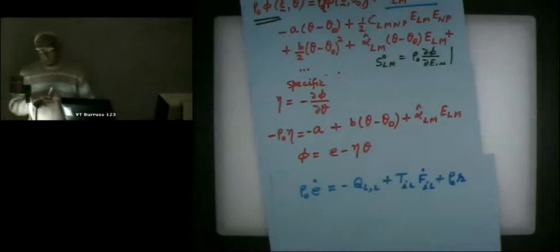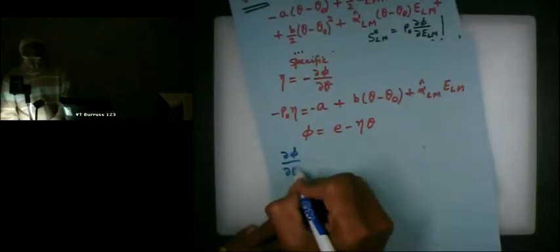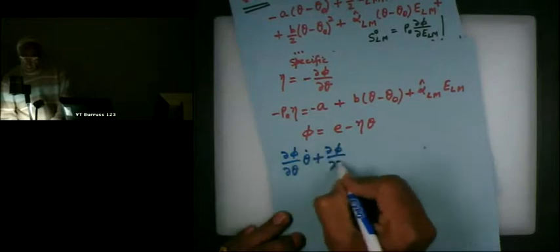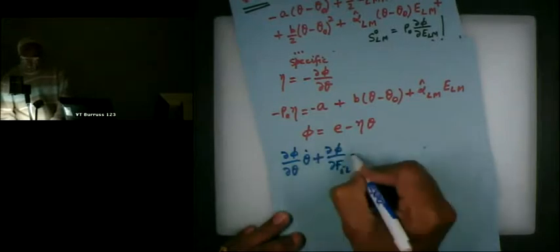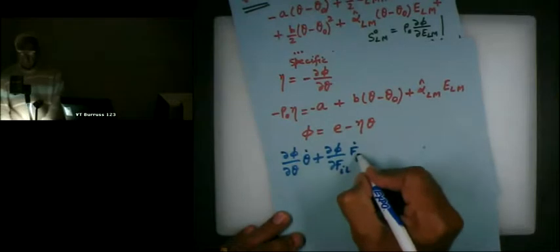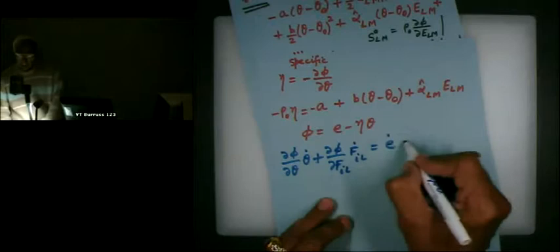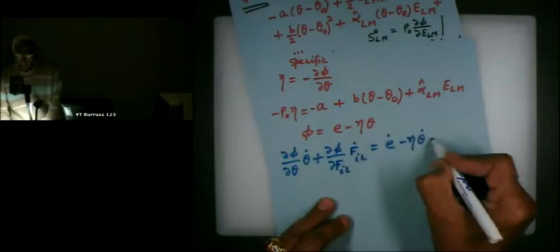So if we take this and differentiate it, we get phi dot, which is really delta phi over delta theta, theta dot, plus delta phi over delta FIL, F dot IL, equals E dot minus eta theta dot minus eta dot theta by the chain rule.